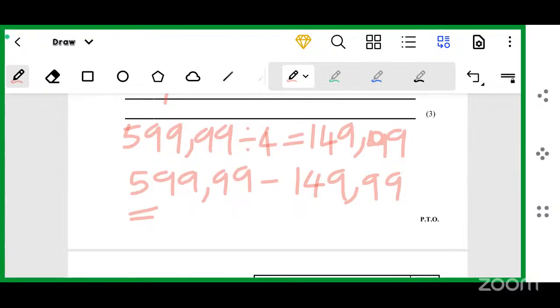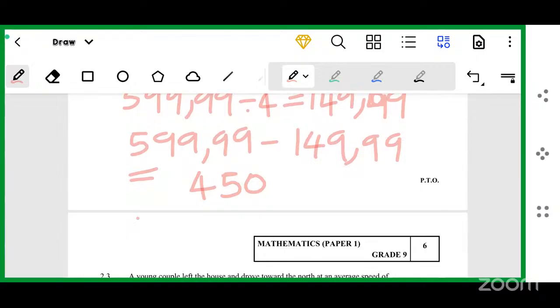It gave me 450. And then I said, therefore, Temba paid less for his jeans. Okay, so it's Temba. Yes, ma'am. Correct.